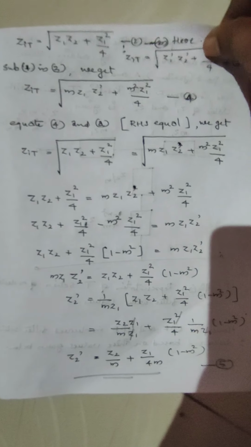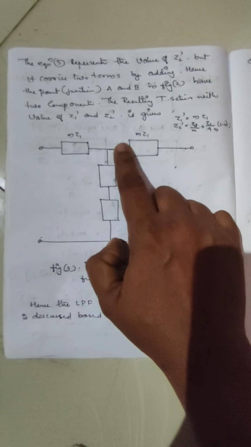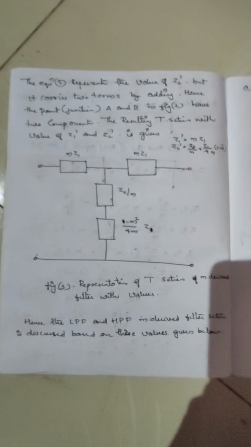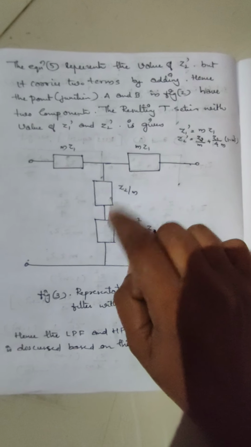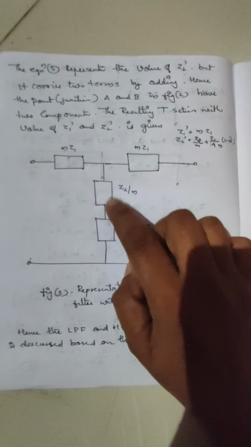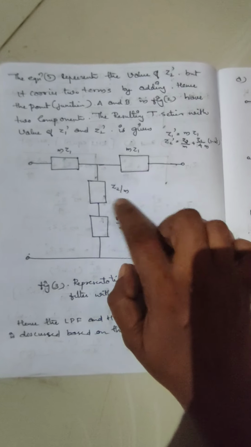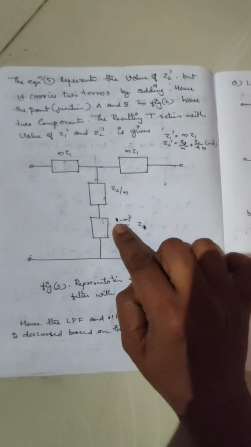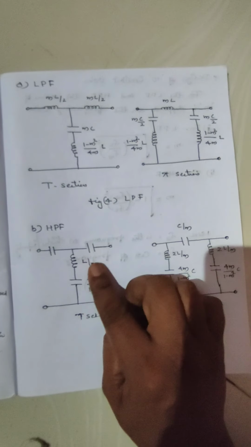From there we get that, as compared with our k constant filters, these m derived filters have the parallel component as two components, connected in parallel. We get the expression for those two components from the z2 dash value. Based on these values we design the low pass filter and high pass filter.